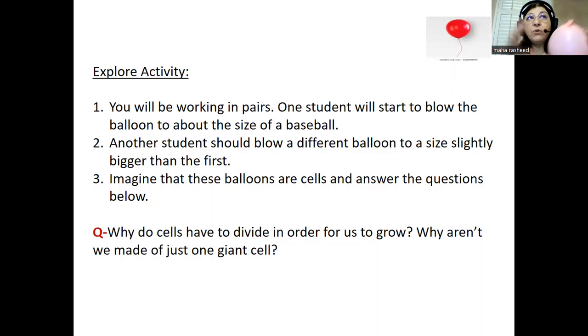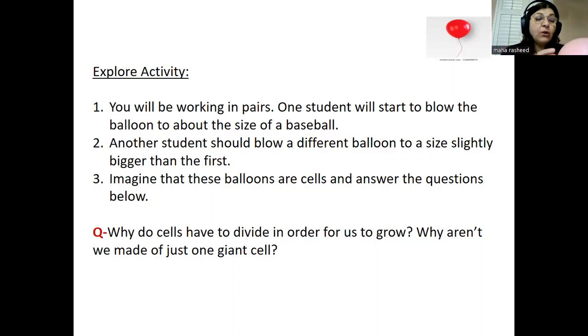So when you have the larger cell, it's hard to cover this large volume with the cell membrane. So the cell membrane maybe loses its function. Okay, when you have a very large cell, what else is hard, instead of having many small cells?